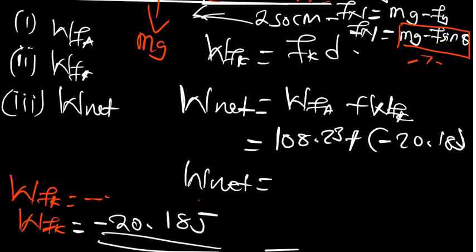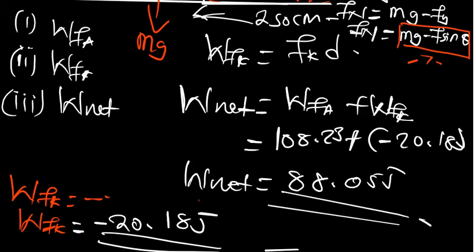So under work, the only thing you have to understand, guys, is that work is force times the displacement, but the general formula is F cos theta times D. This is the general formula. If the force and the displacement are going in the same direction, the work done is positive.